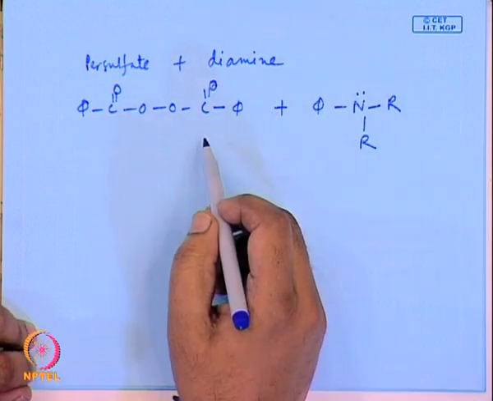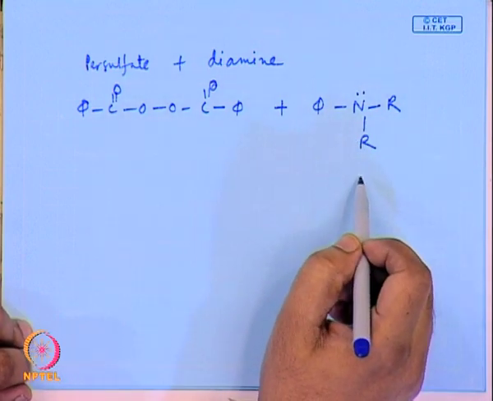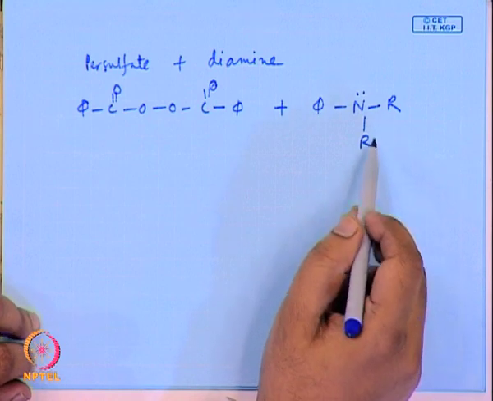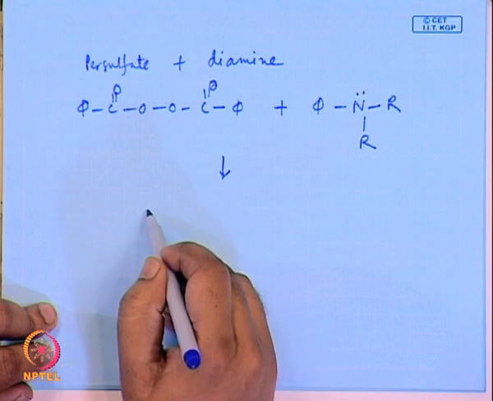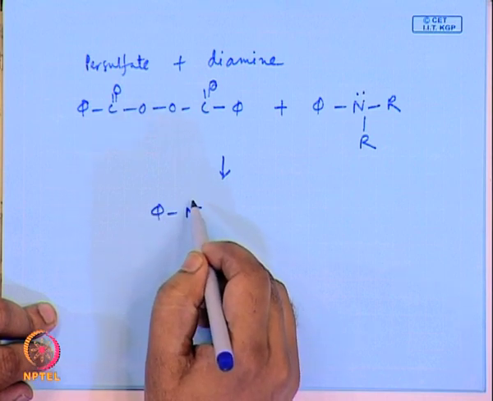So, it is benzoyl peroxide and, say, diethyl amine, if R is an ethyl group, then it reacts and gives this.